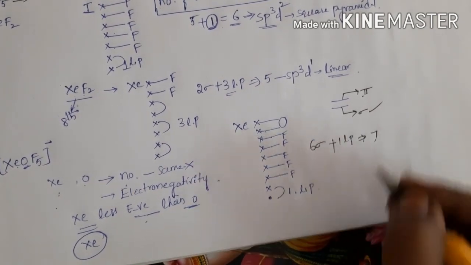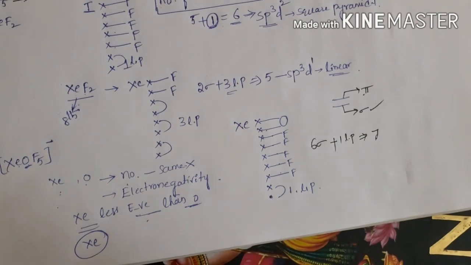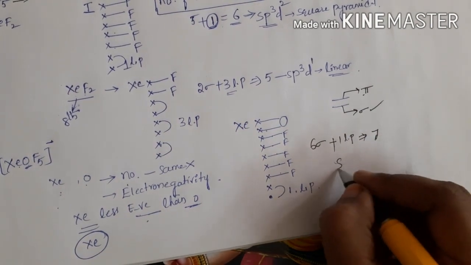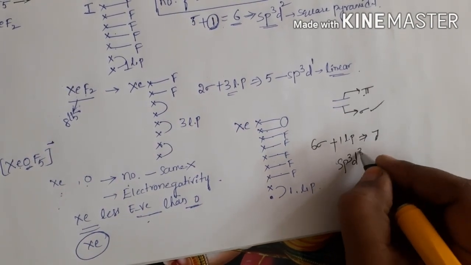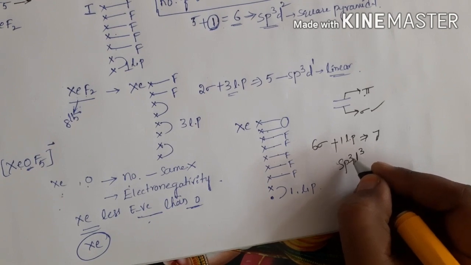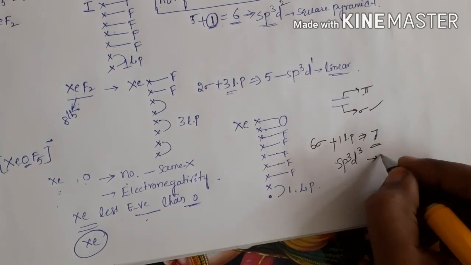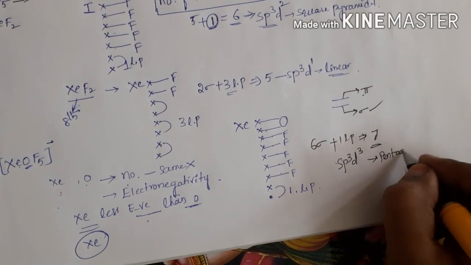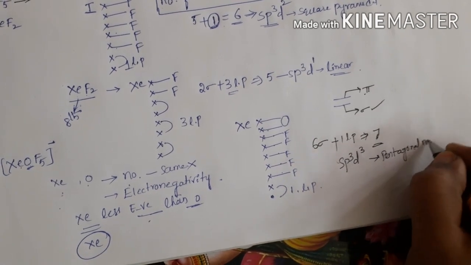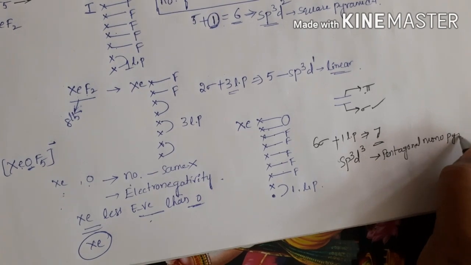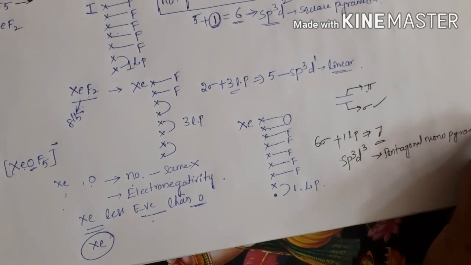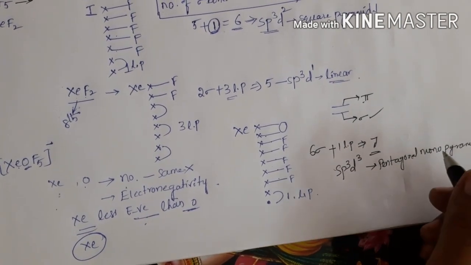Totally 7. 7 orbitals are involved. The hybridization will be sp3d3. 3 plus 3, 6. 6 plus 1, 7. sp3d3 with 1 lone pair means pentagonal monopyramidal. The geometry will be pentagonal monopyramidal.